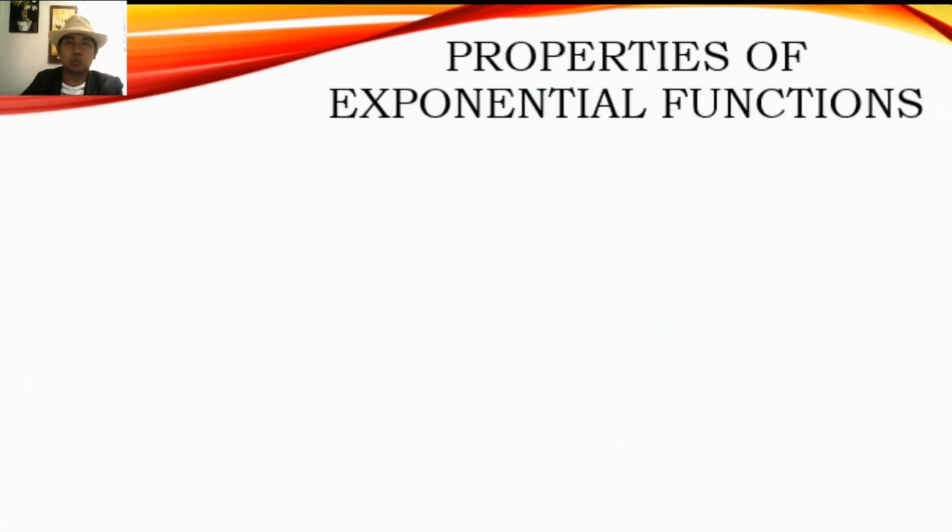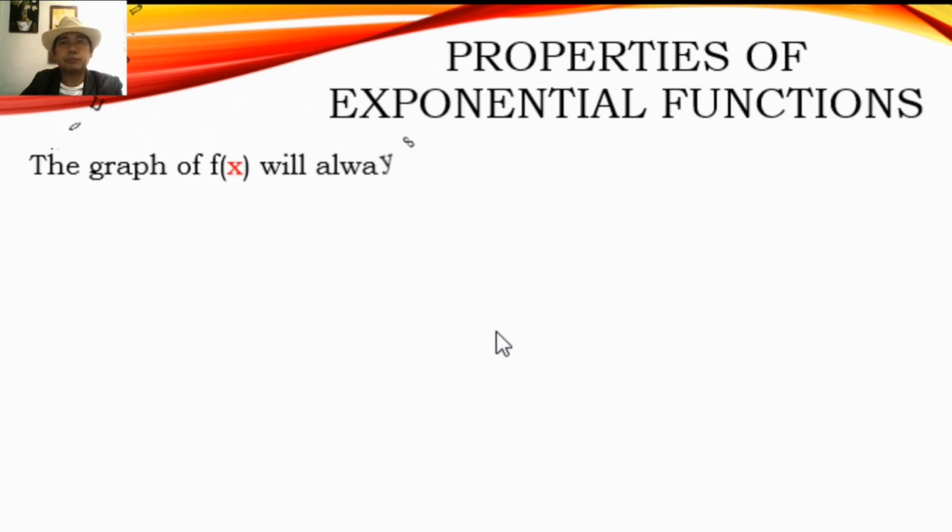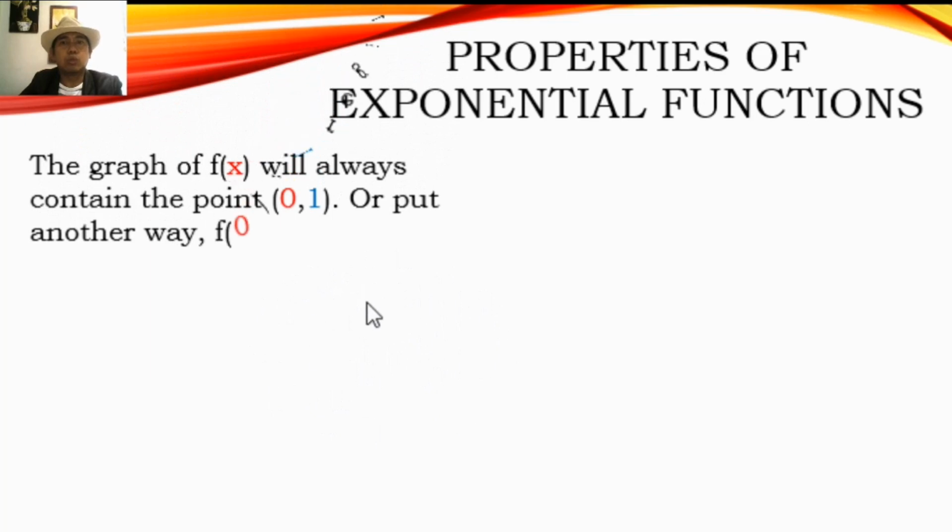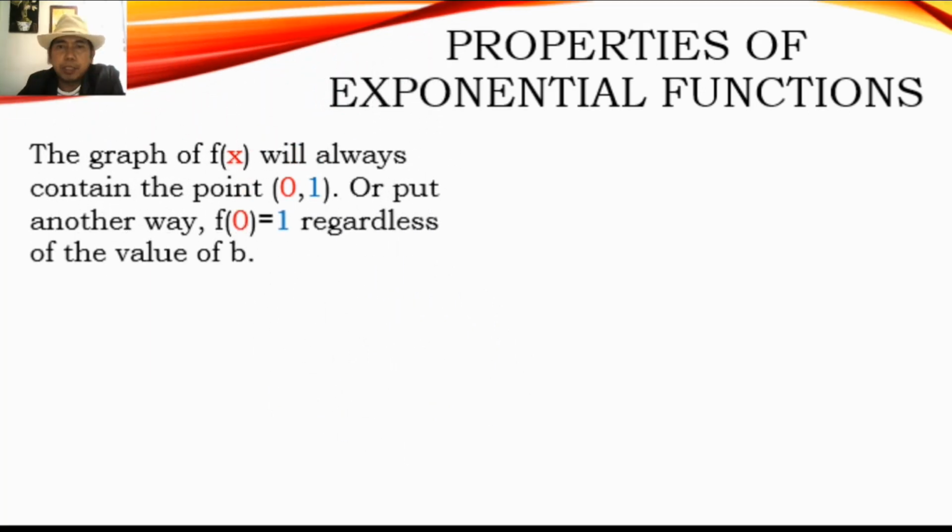Okay. To continue, what are the properties of the exponential function? Number 1, the graph of the exponential function will always contain the point (0, 1), meaning the graph will always pass through the y-intercept, which is at (0, 1).